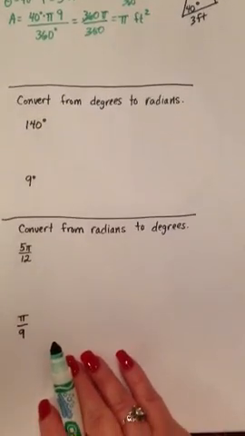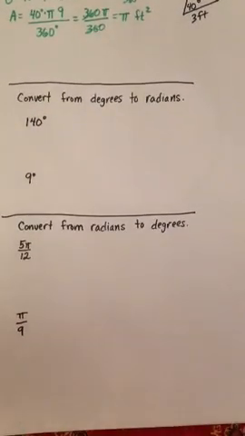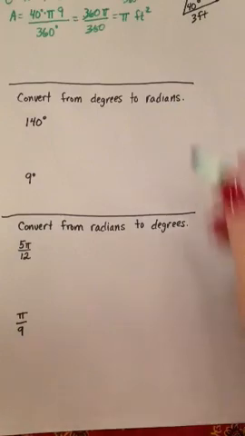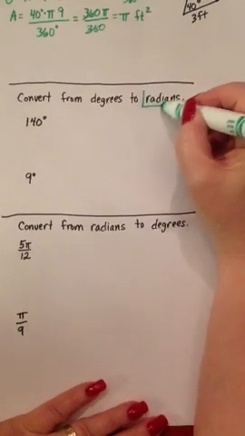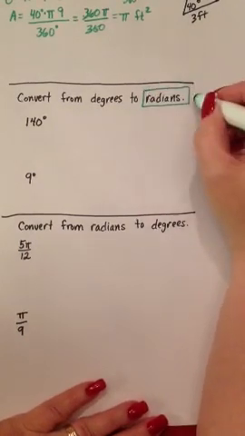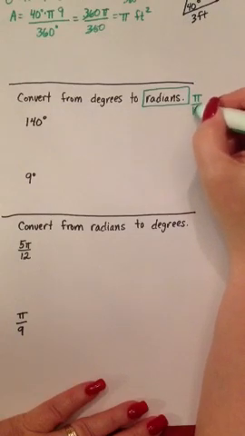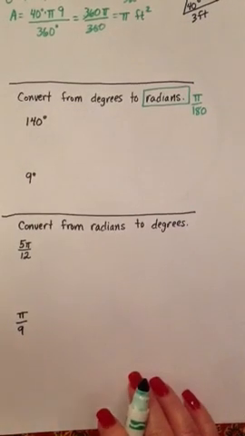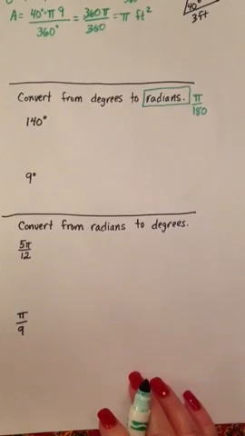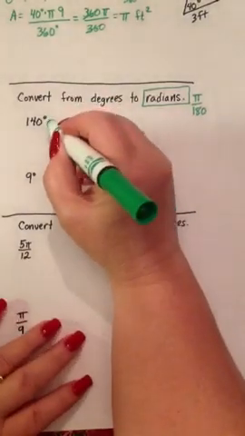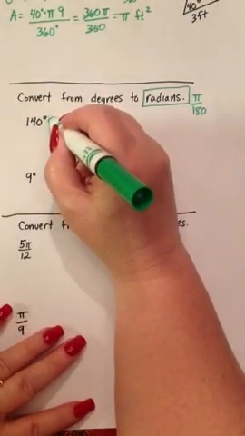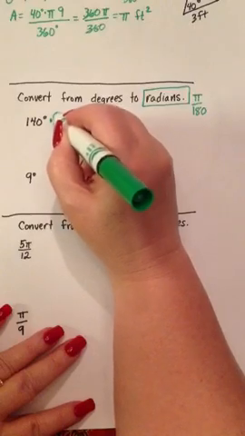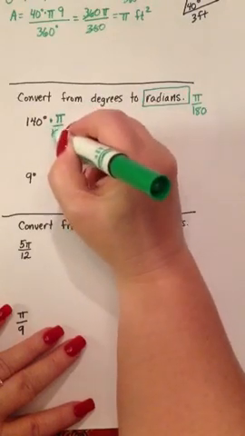I'm going to just scoot this up here, get the whole thing. Okay, we're asked to convert from degrees to radians. If they say you want radians, then you multiply by pi over 180. Let me make sure we can still see that. Yeah, okay. So you're going to multiply by pi over 180. So all you do is you take your 140 and you multiply it by pi over 180.